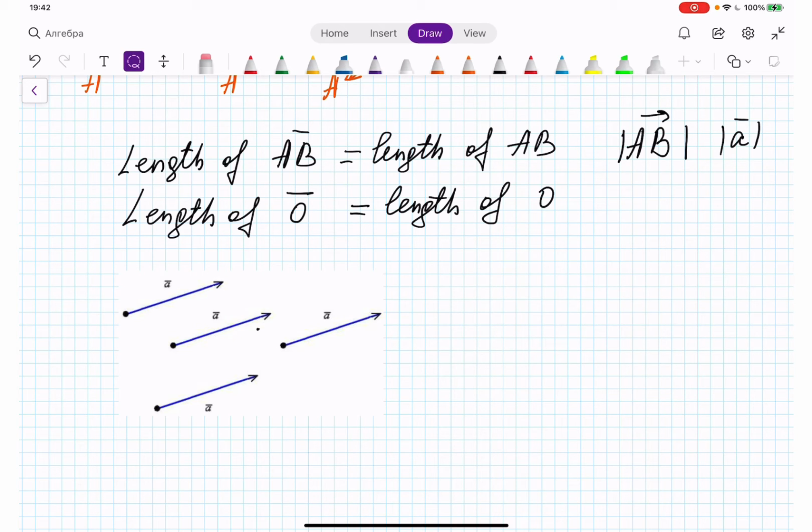They are interesting because they have the same length, and all four are lying parallel, meaning in the same direction, right? So usually they are called equal vectors, okay? But from a purely mathematical point of view, this is the same vector, and we call it a free vector.